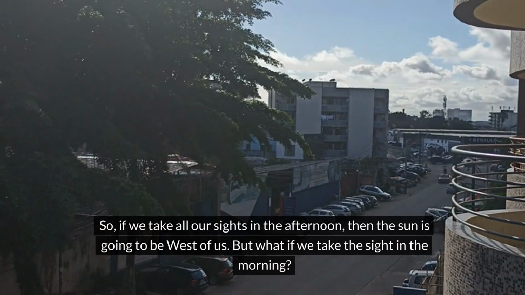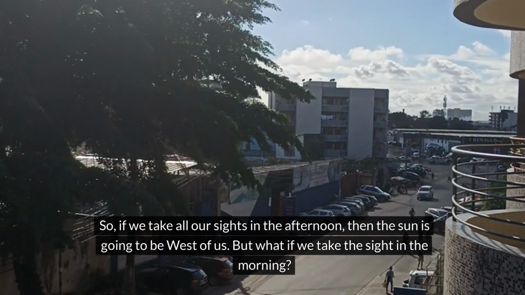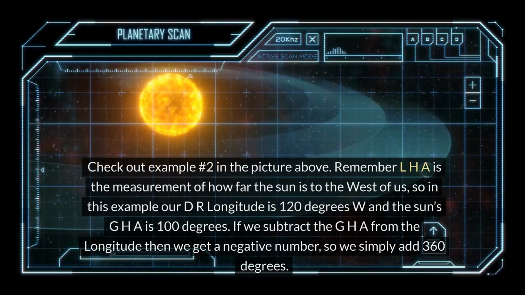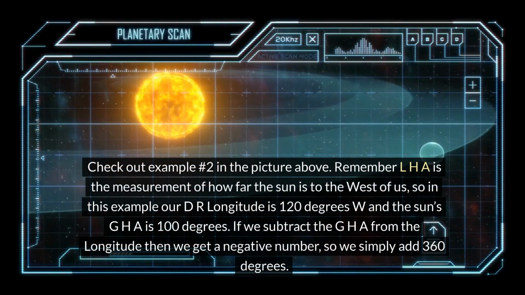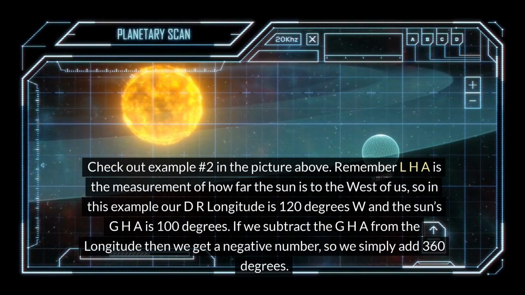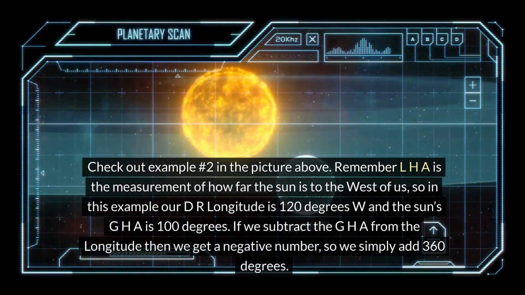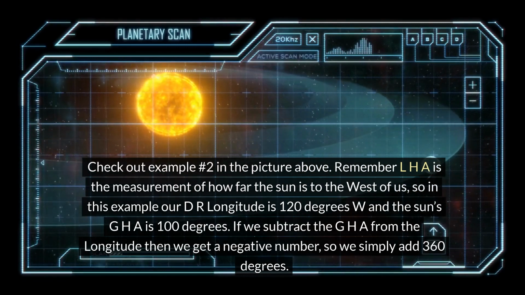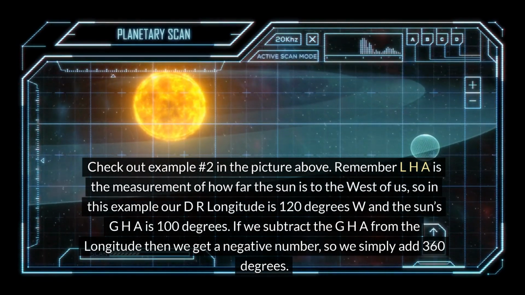So if we take all our sights in the afternoon, then the sun is going to be west of us. But what if we take the sight in the morning? Check out example 2 in the picture above. Remember, LHA is the measurement of how far the sun is to the west of us. So in this example, our DR longitude is 120 degrees W, and the sun's GHA is 100 degrees.